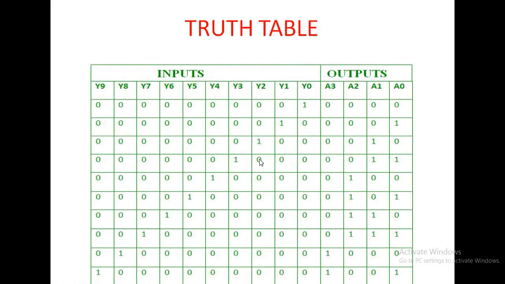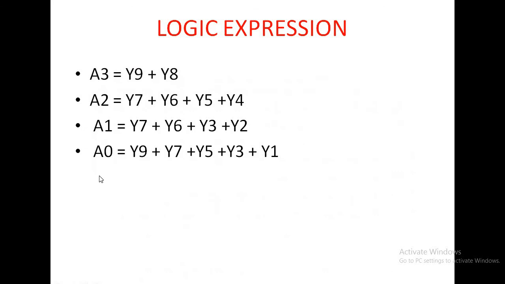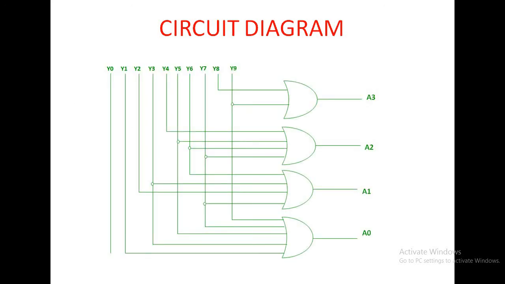So see, A0 is 1 for Y1, then Y3, next Y5, next Y7, and Y9. So A0 is Y3 plus Y5 plus Y7 plus Y9 plus Y1. By observing these logic expressions, we can easily draw the circuit diagram.